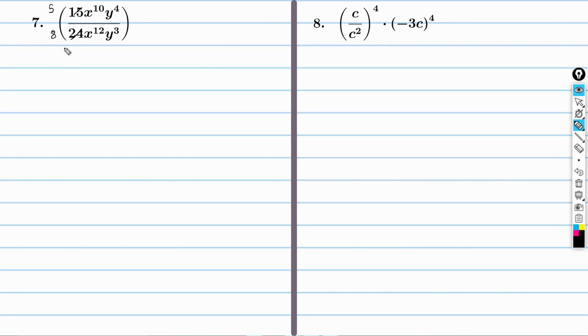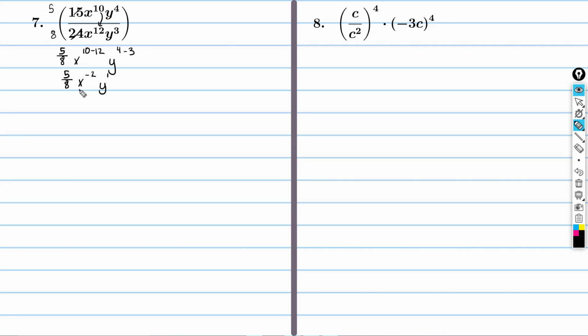So I have 5/8 x, and I'm going to take these two and I'm going to subtract. The numerator goes first, so 10 minus 12, y, 4 minus 3. So I have 5/8 times x to the negative 2, y to the first.